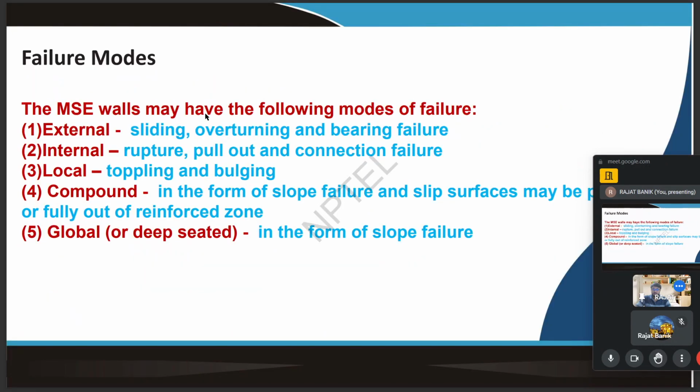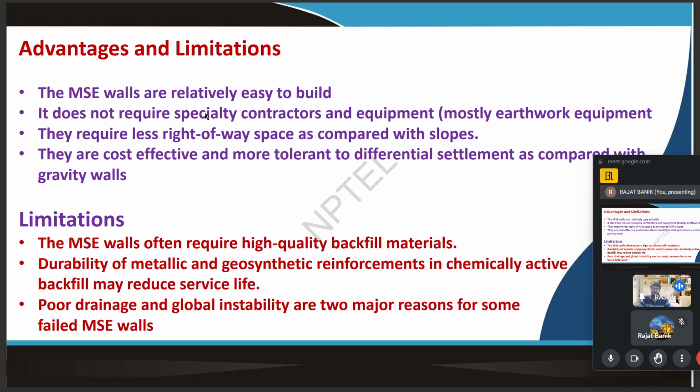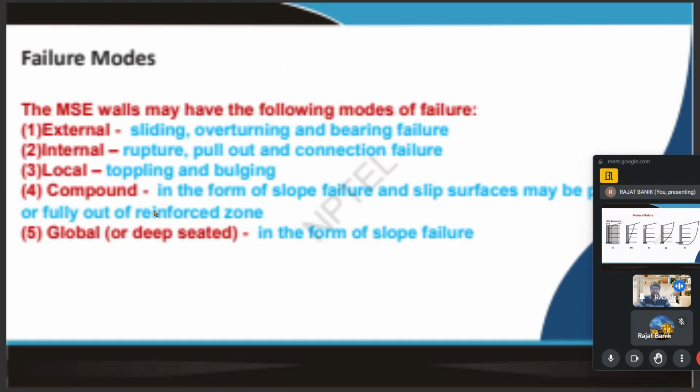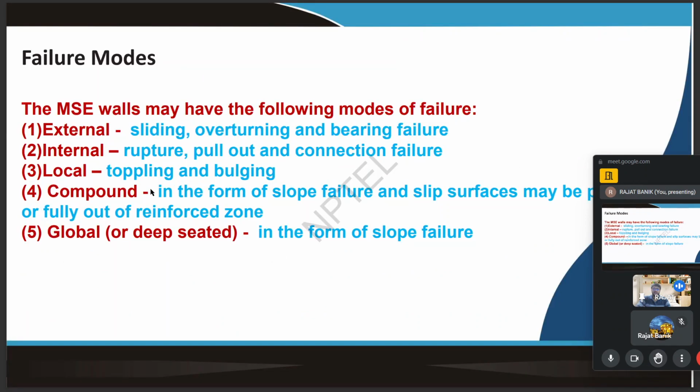And we also discuss the different limitations and advantages of this mechanically stabilized earth wall. And we also discuss the different types of failure. We discuss the external failure, internal failure, local failure, compound failure, and global failure also.